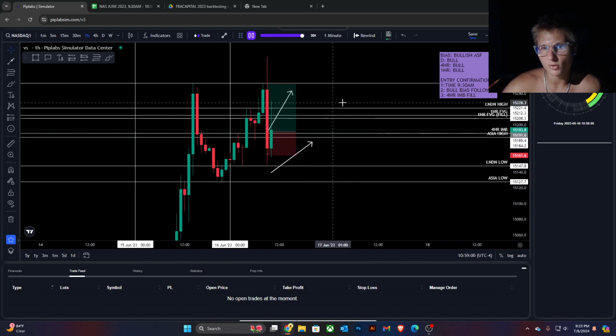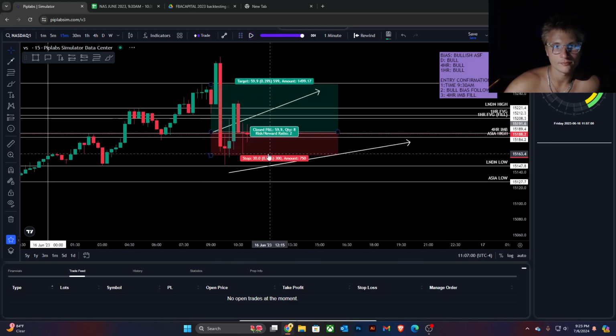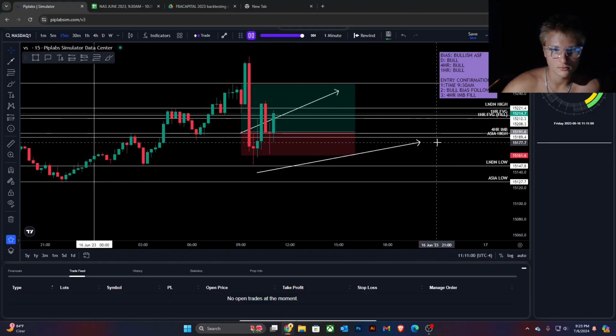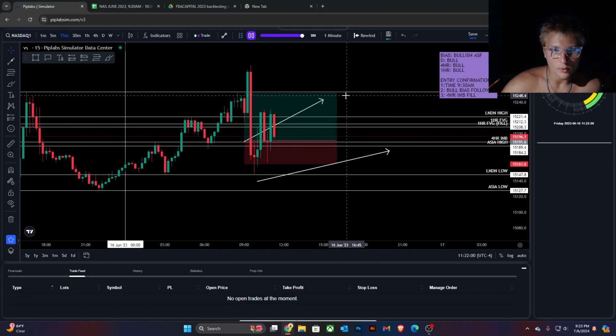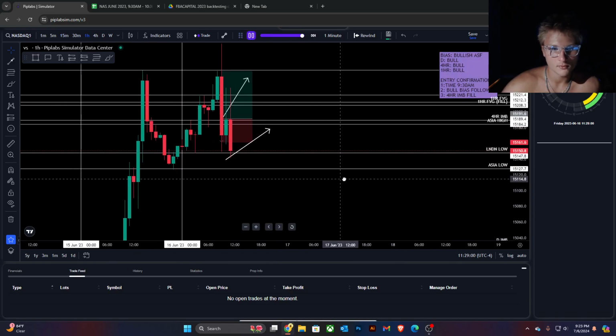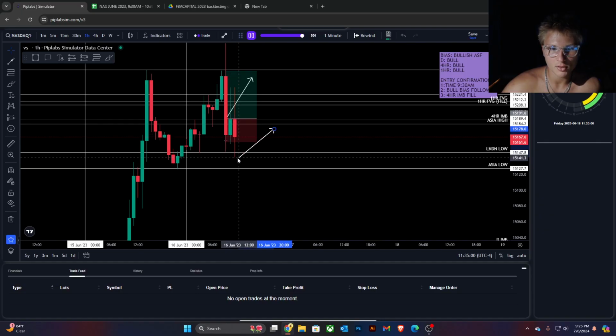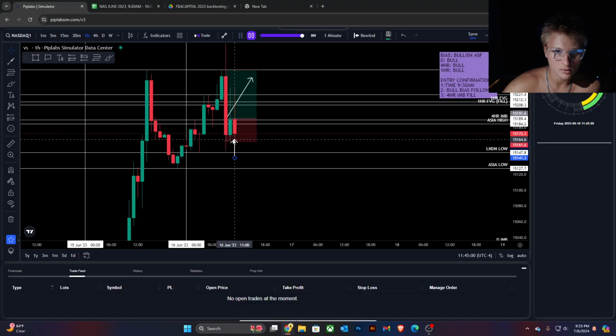Now we're getting a bullish reaction. Yeah, bullish reaction now. Looks like we got wicked out. But right here, price swept the London low. Now we're having a bullish reaction.